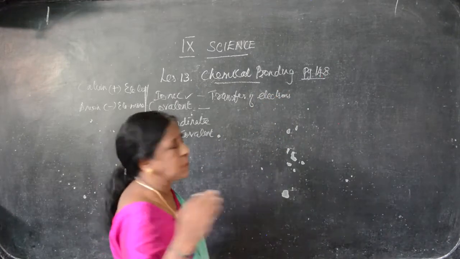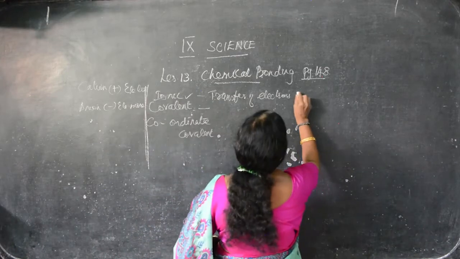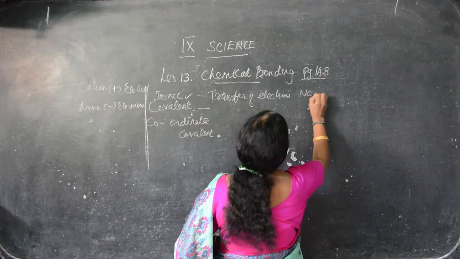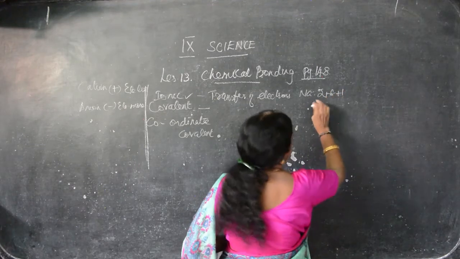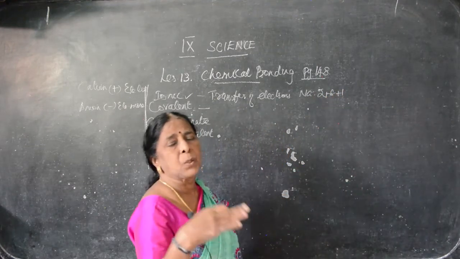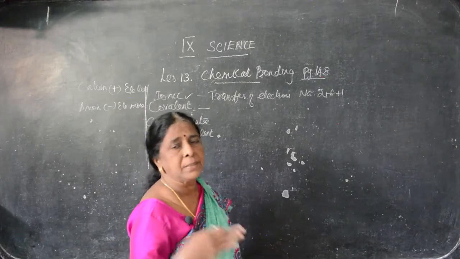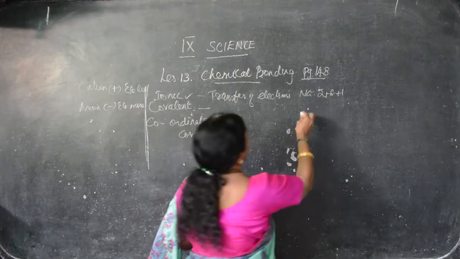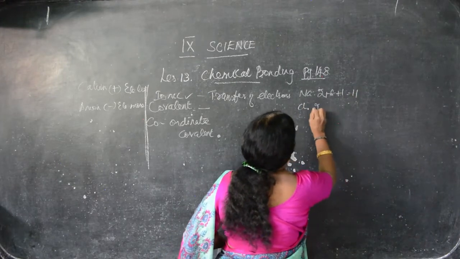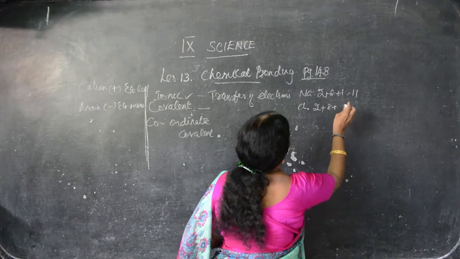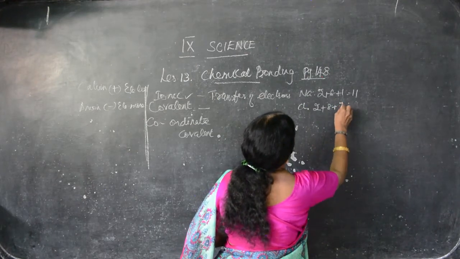For example, sodium chloride. Sodium atomic number 11, the electronic configuration is 2 plus 8 plus 1, that is how the electrons are arranged in the orbits. Then chlorine, 17, 2 plus 8 plus 7.